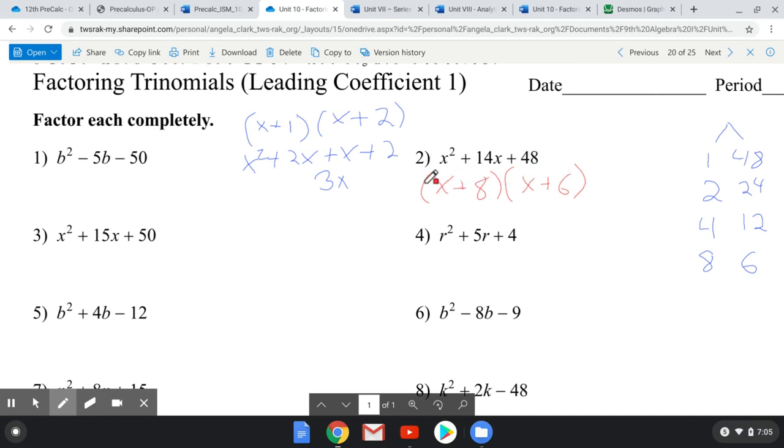So this is the factored form of this. Their equivalent is just a different form. This is the factored form of this. So let's do some more examples of this.